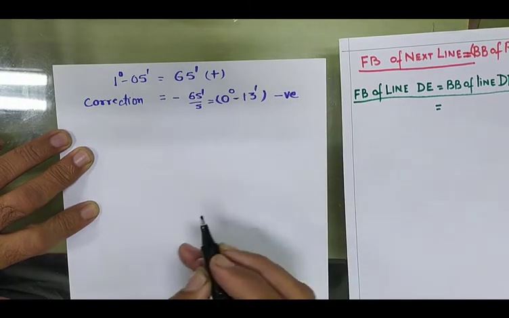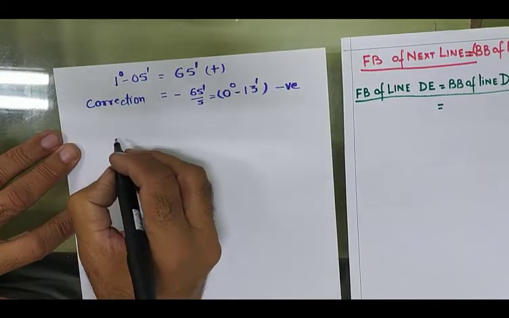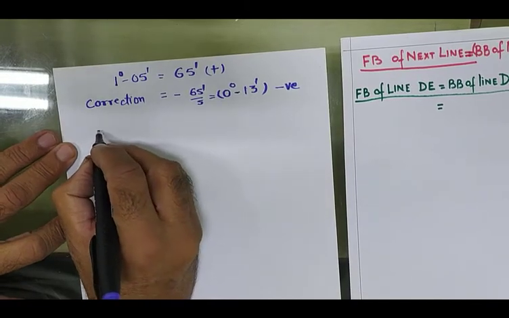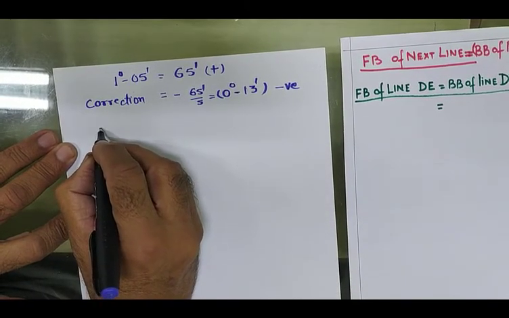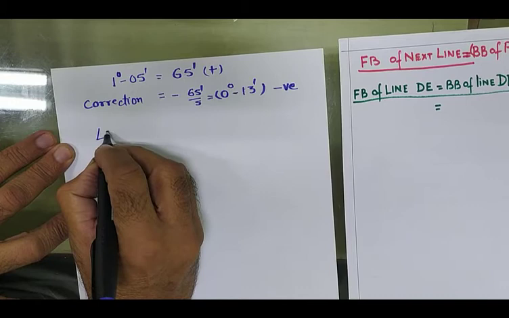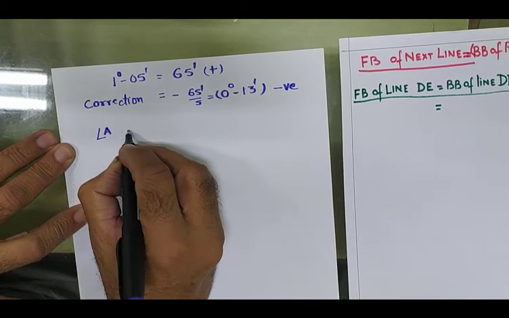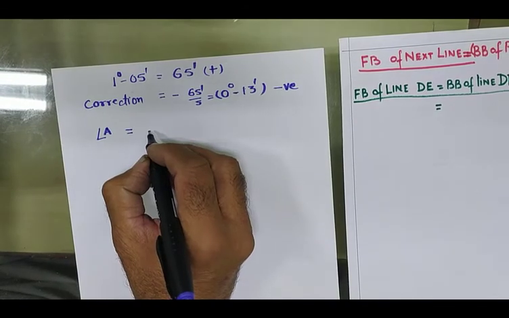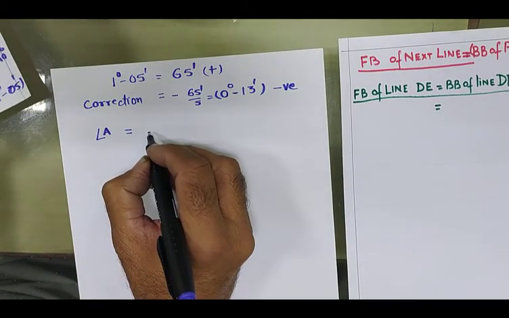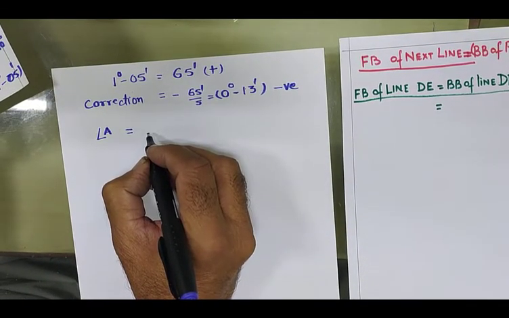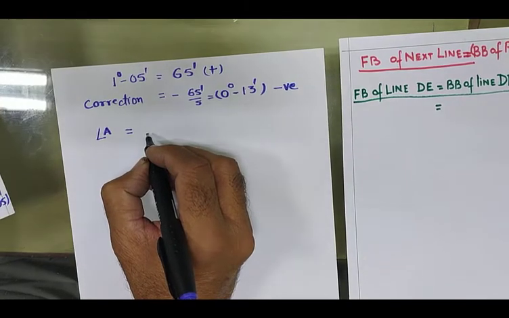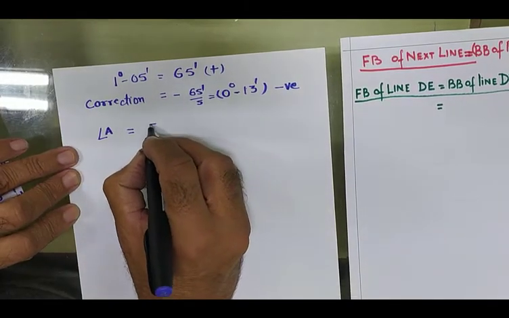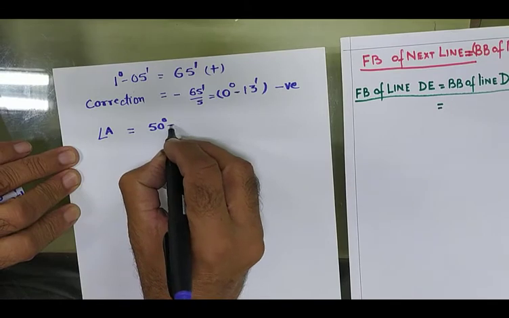So we will deduct. Now here we have to calculate the corrected angles. So I will take angle A. Its actual value, which you have calculated over the values of all the angles, comes to be 50 degree 5 minutes.